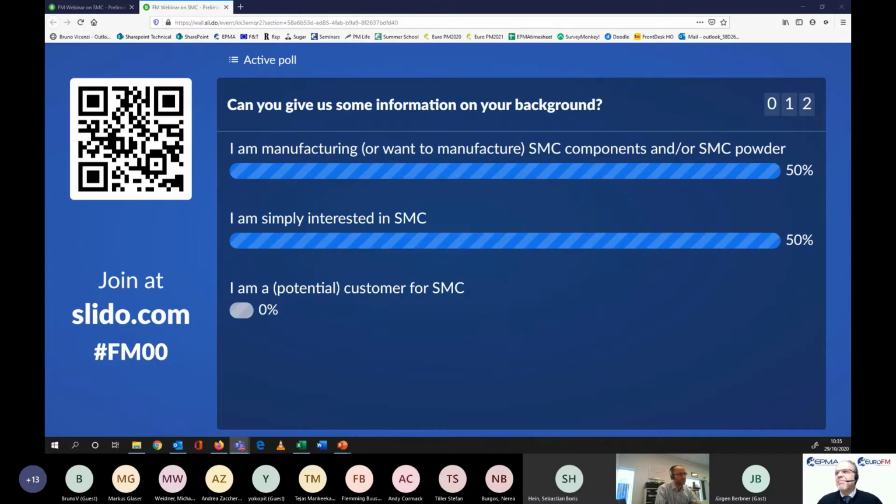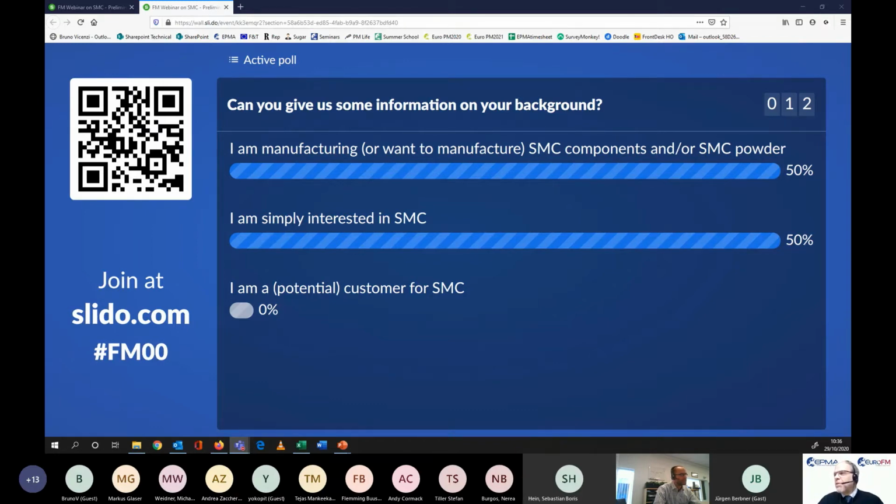So we hope that with this webinar we can bring some focus on SMC and also introduce potential end users to applications other than just a motor. We're very much looking forward to learning more today.